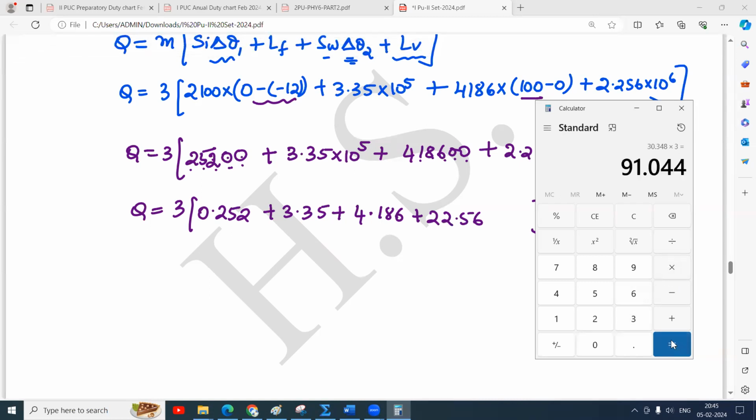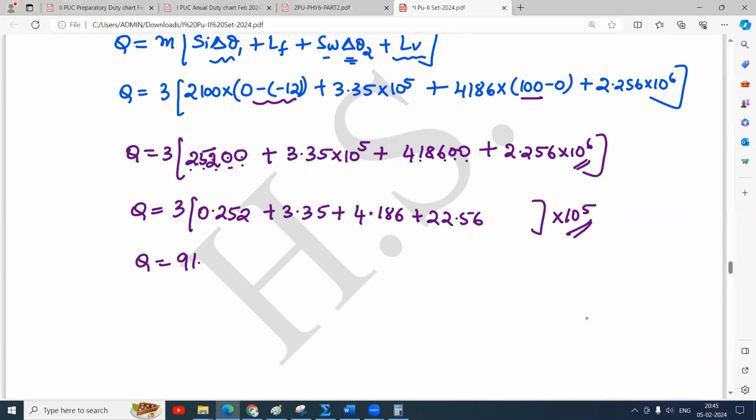That is equal to 91.044 into 10 to the power 5. This is the total amount of heat energy required.